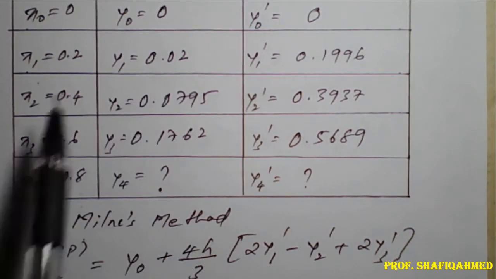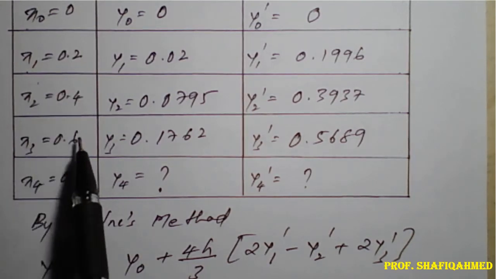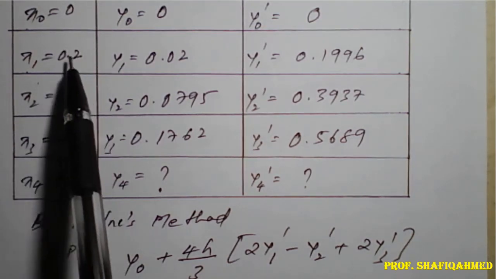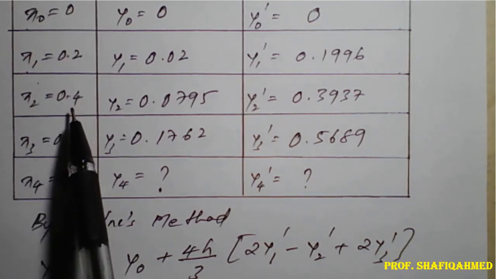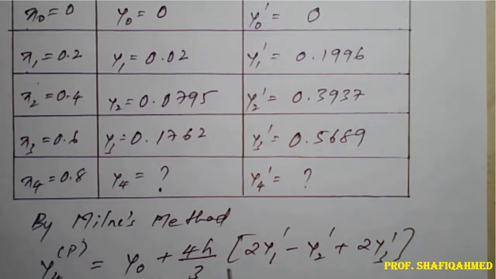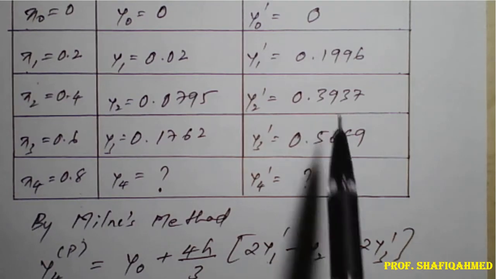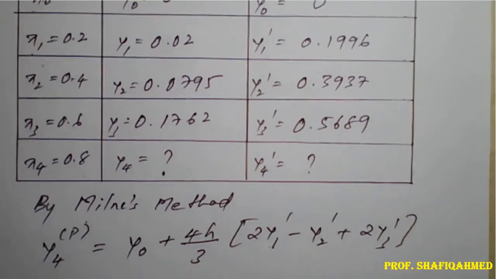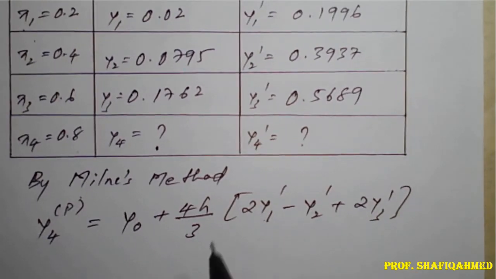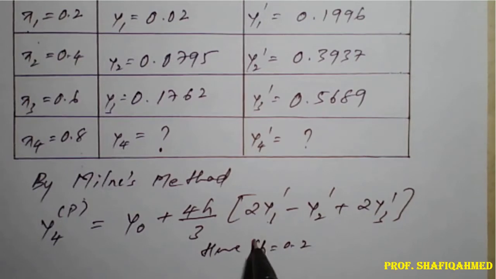Then h value: you need to check here 0, 0.2, 0.4, 0.6, 0.8. So the difference 0.2 minus 0 is 0.2, 0.4 minus 0.2 is 0.2. Therefore h value is 0.2 here. And y1 dash, y2 dash, y3 dash we can collect from the table. So all these values will be entered.